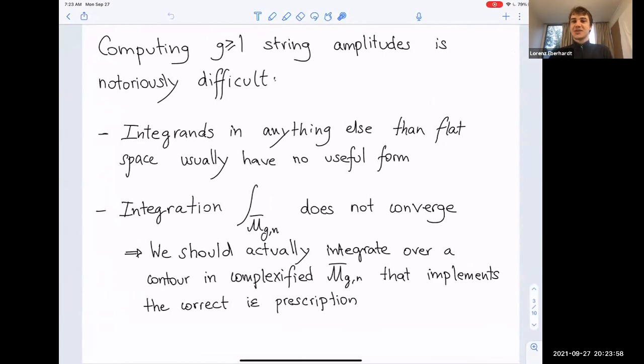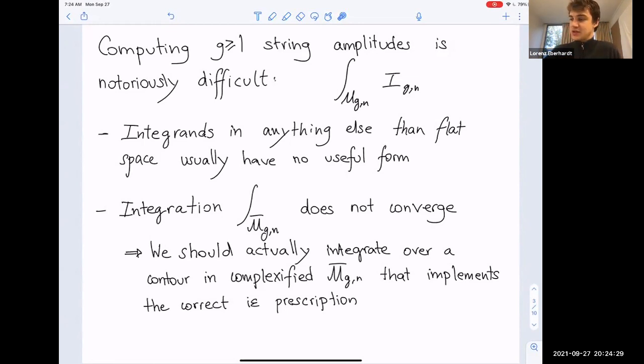You might think string amplitudes can be written as an integral over moduli space of Riemann surfaces, with some integrand for genus G and n punctures, and these integrands, at least in flat space, are known very precisely, up to genus 3 or something. So why can't we just throw this on the computer and at least generate some results and compare with other things we know?